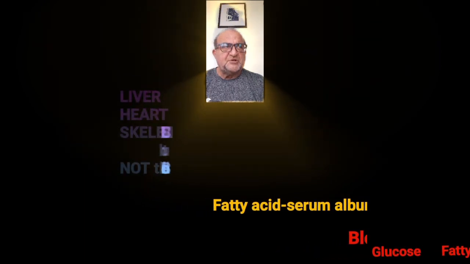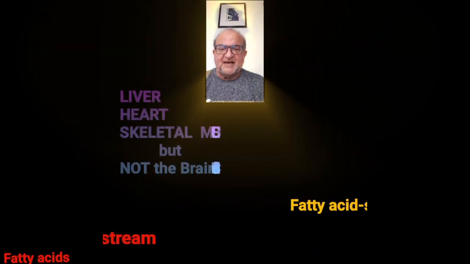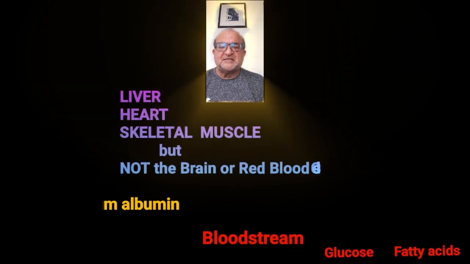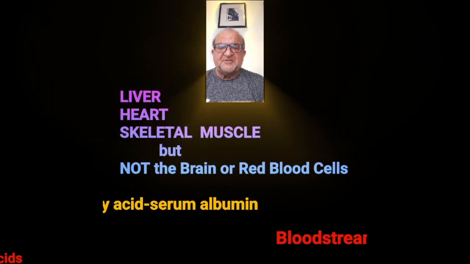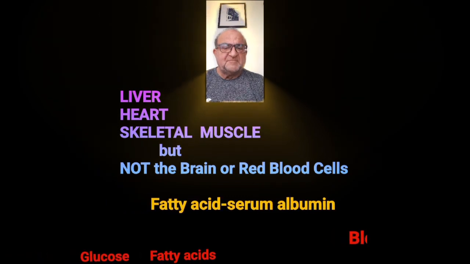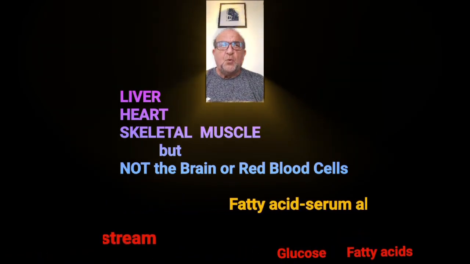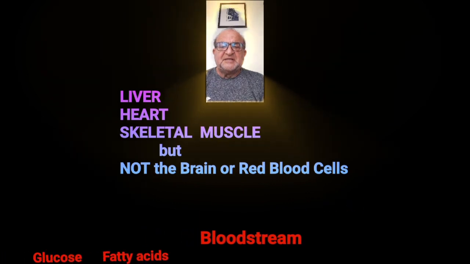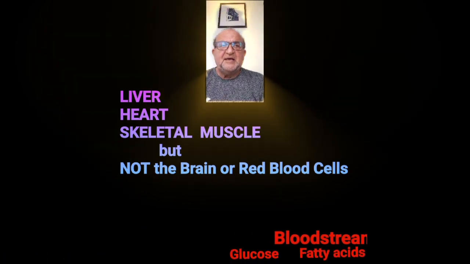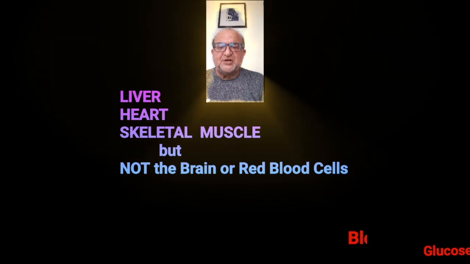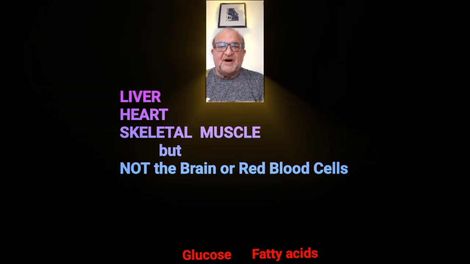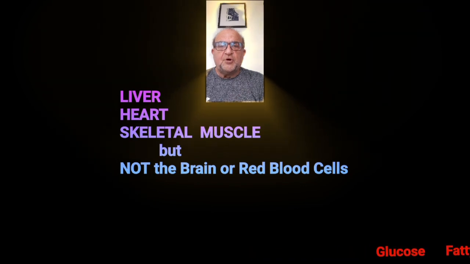Some of the important tissues that can use fatty acids are the liver, heart, skeletal muscle, but not the brain or red blood cells. Once picked up, fatty acids are metabolized primarily through beta oxidation in the mitochondrial matrix to provide energy for these tissues.